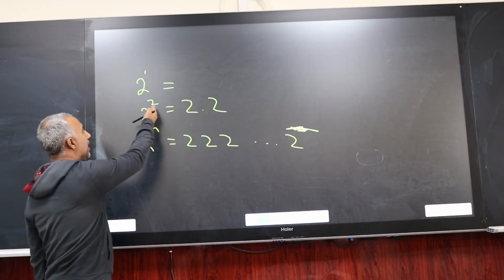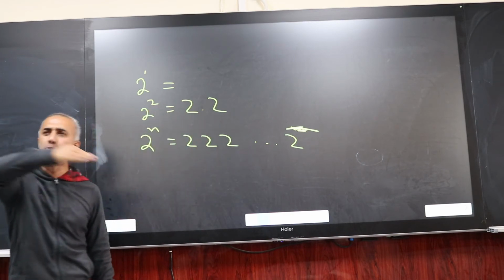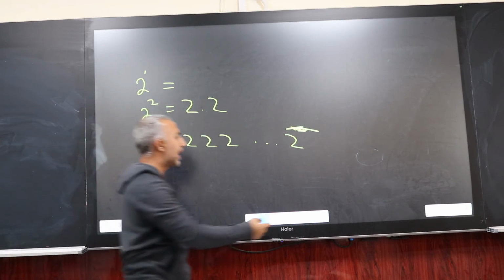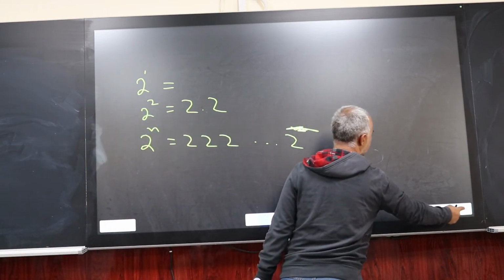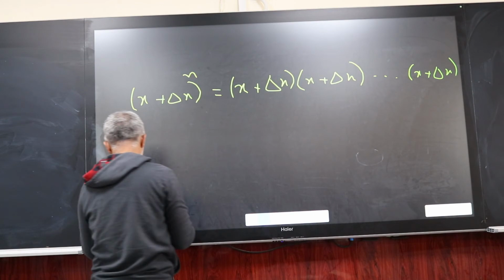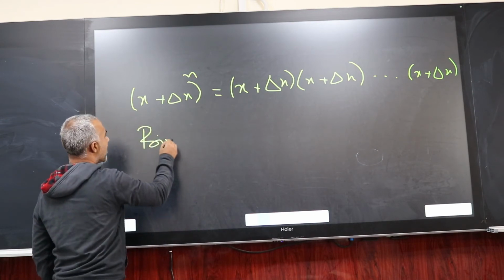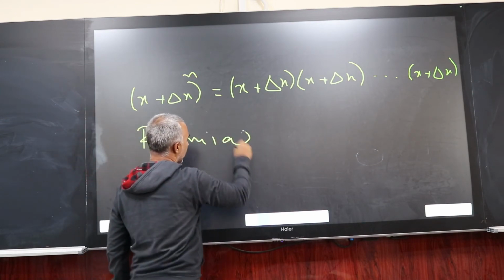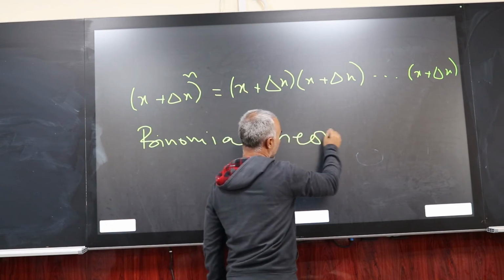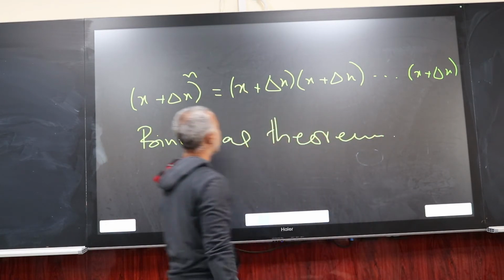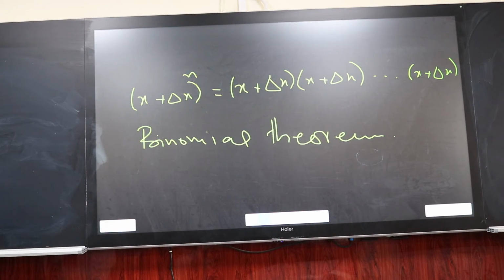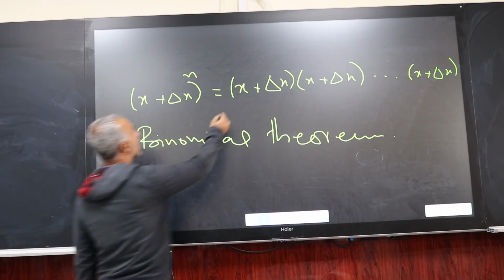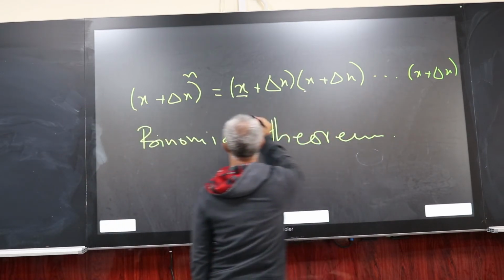So for n you can write too many factors, and this basically represents the binomial theorem. My children, if we multiply the first x with all the x, then what we will get?